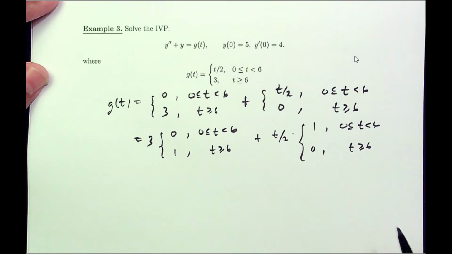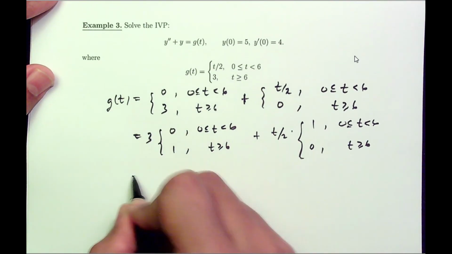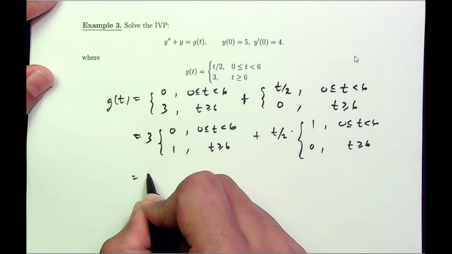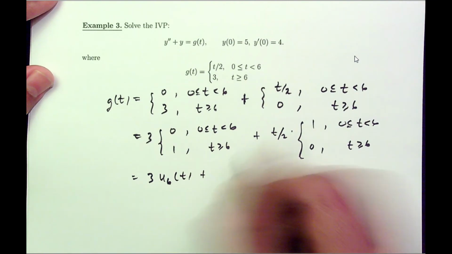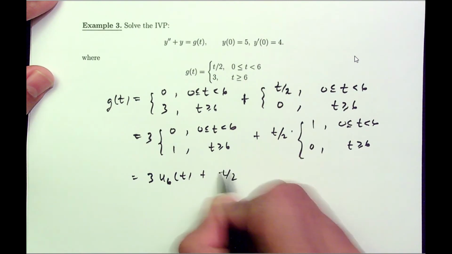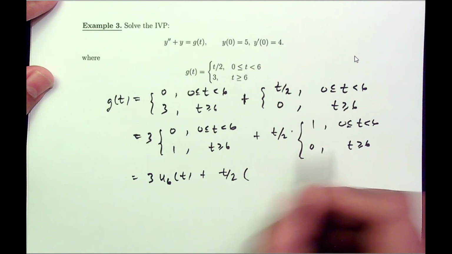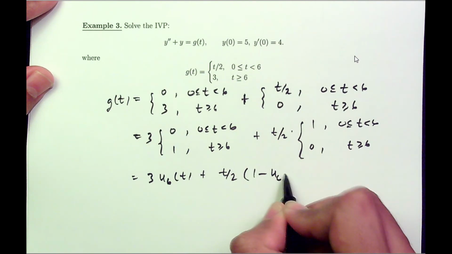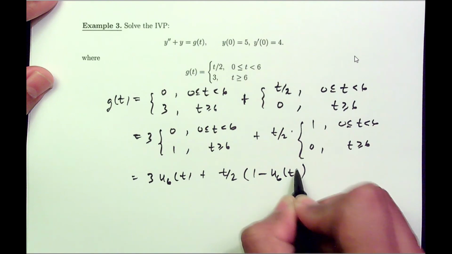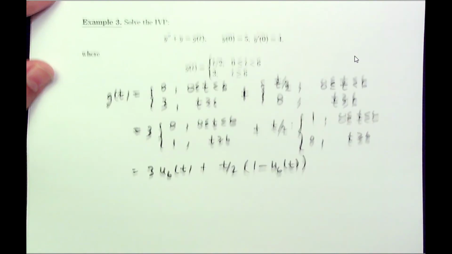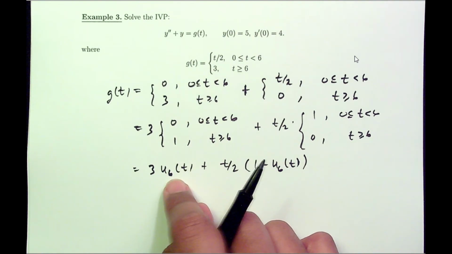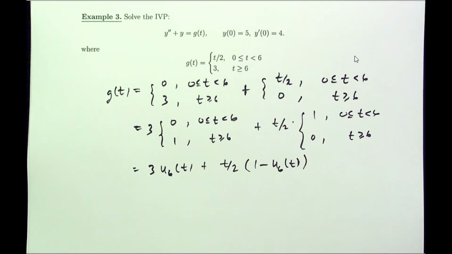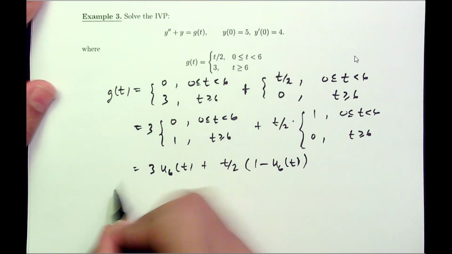And now you can recognize this one as U6, and this one as 1 minus U6. Again, remember that 0, 1 is U6, and when it's reversed, it's 1 minus U6. Okay, so then that is G.